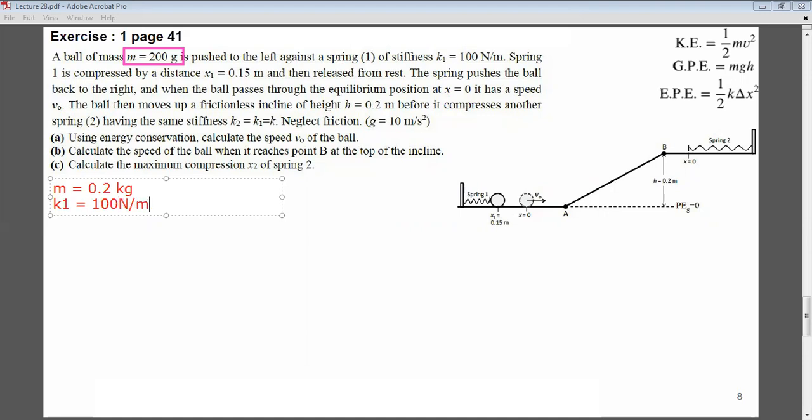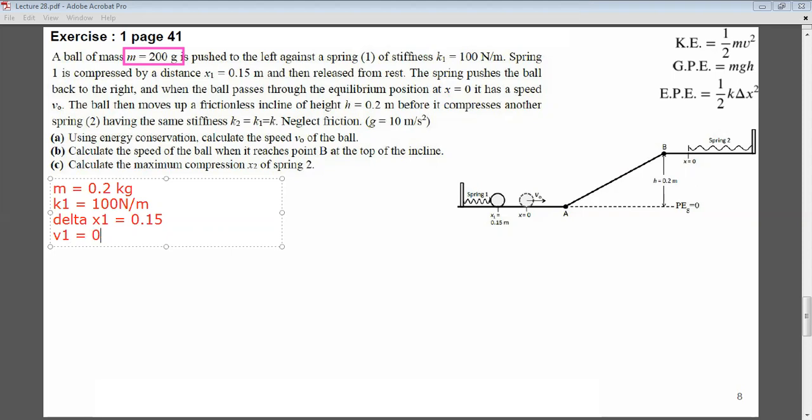So this is the given. Spring 1 is compressed by a distance x1, which is also what we call delta x1. So let's stick to delta x1. This is 0.15, and then it is released from rest. So at position x1 equal to 0.15, V1 was 0.